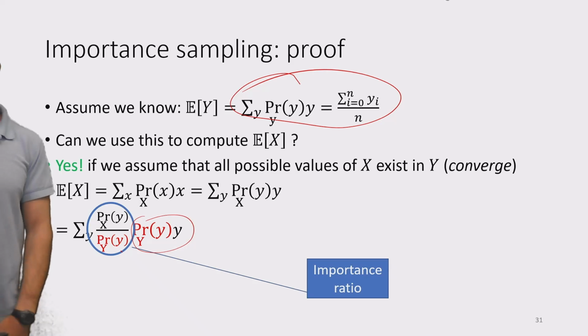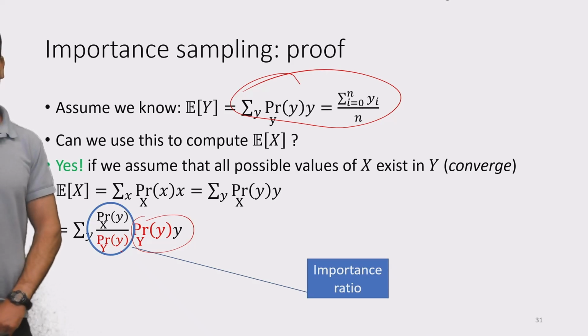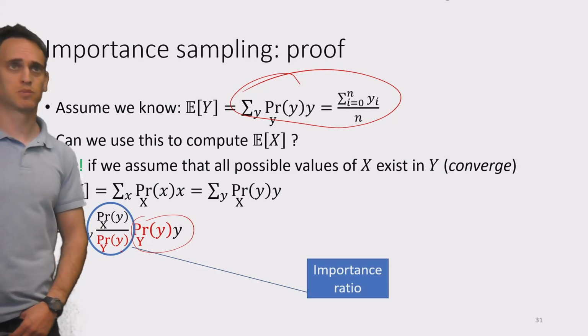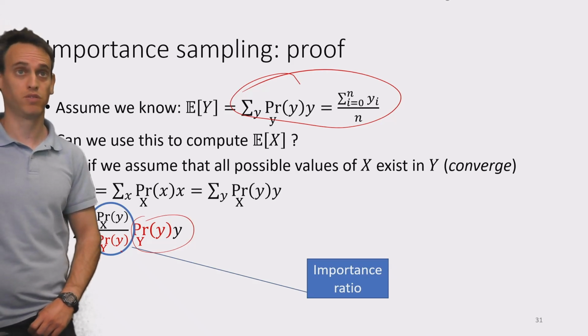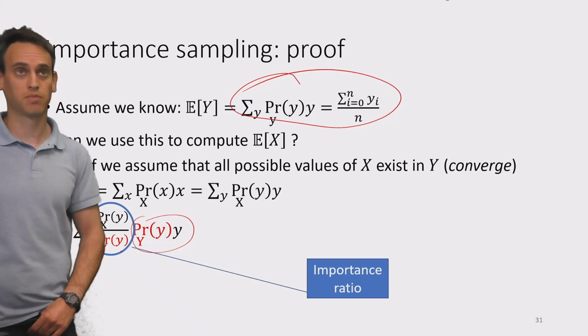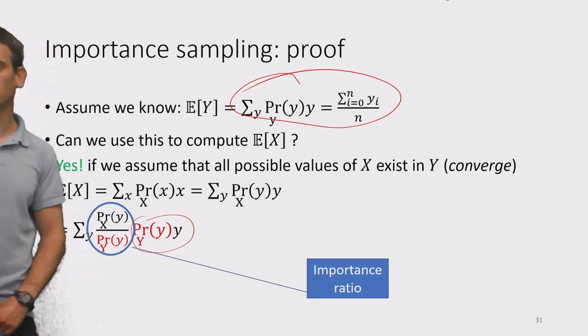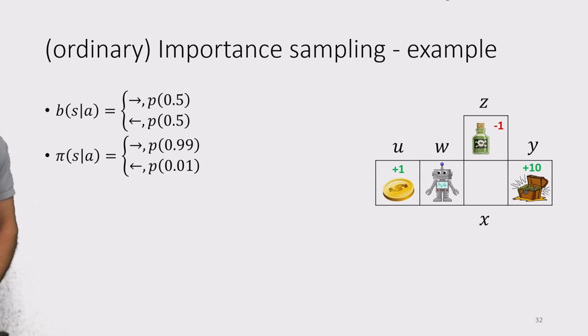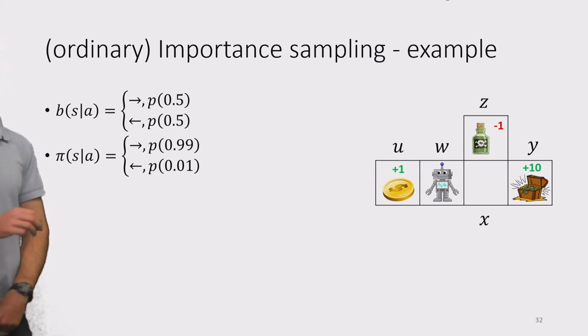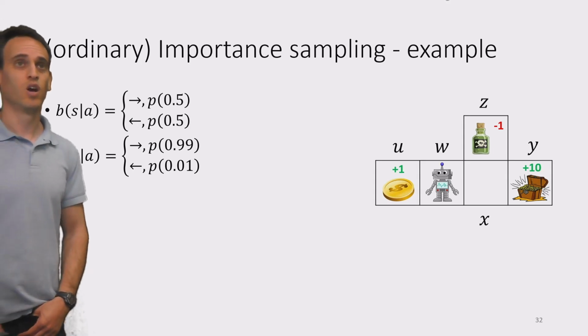Okay, so this is exactly a proof that we can use the importance sampling ratio in order to find the expected value of some unknown behavior or some target behavior, not the one that we are using to sample trajectories for.